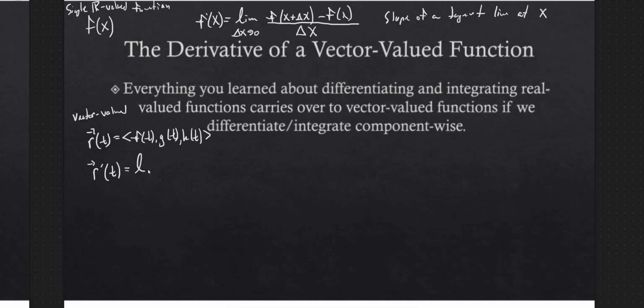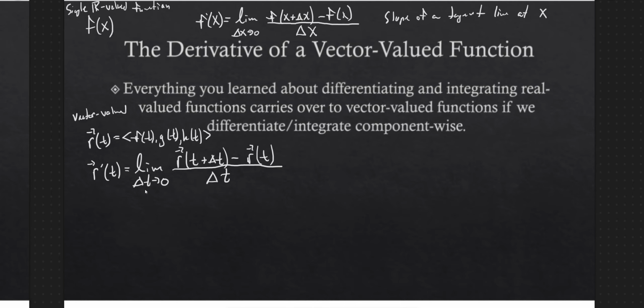Well, this should be the limit as the little change in the input, that's like my delta x, goes to 0 of the change in my output over that parameter change, r of t plus delta t minus r of t, all over delta t, the change in time.